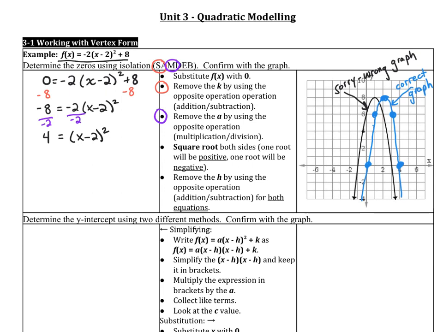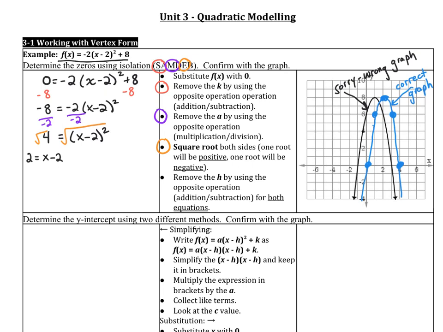The next step is to get rid of the exponent, so you're going to square root both sides. And of course, what you want to remember is when you square root, you get two possible answers. The square root of 4 is 2, so one possible answer is 2.